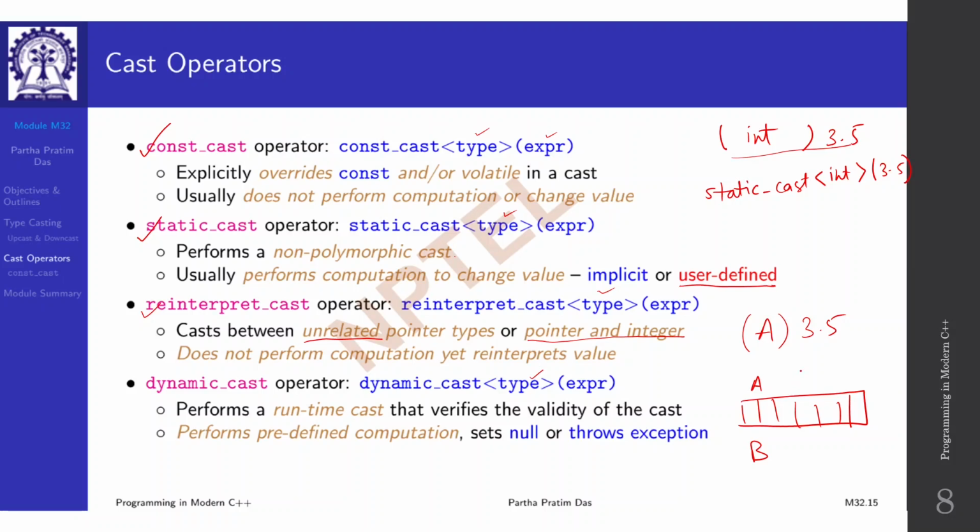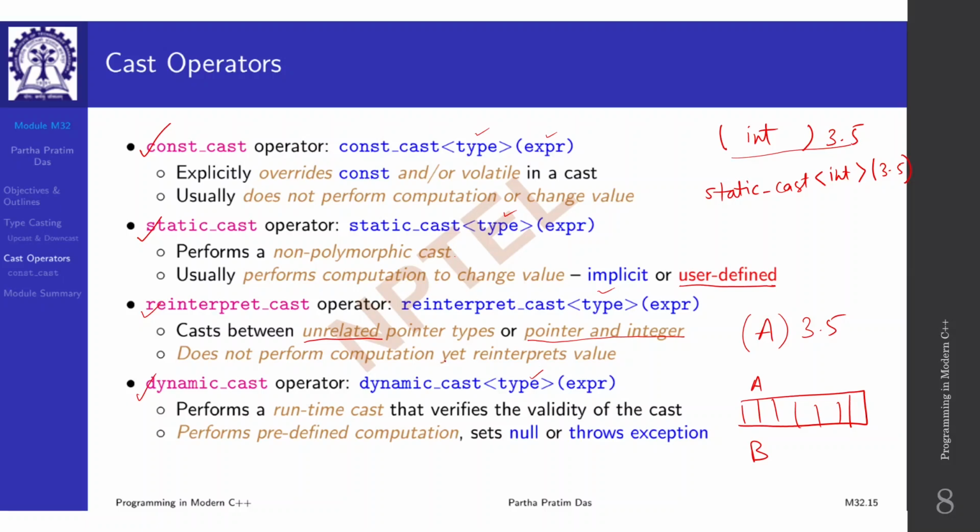One example would be serialization. If we have an object called a and we want to store it to a file, then we will have to convert the binary data of a into a string, and then save it. So we'll have to reinterpret a as a string. So that is one application.